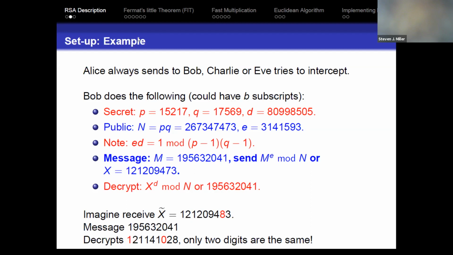I'm going to randomly choose a message between 1 and the public N. So here is my message, and here's the encrypted message. Again, it took no time to encrypt. To decrypt the message, I will run this, and again it decrypts almost immediately. So implementing it at the level of 200 digit primes is not a problem at all.